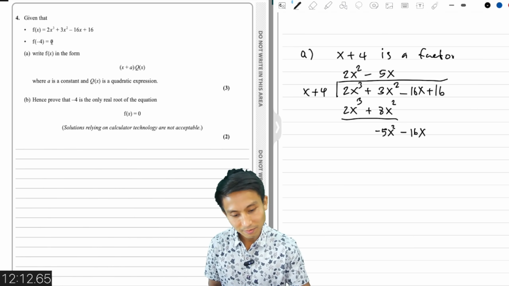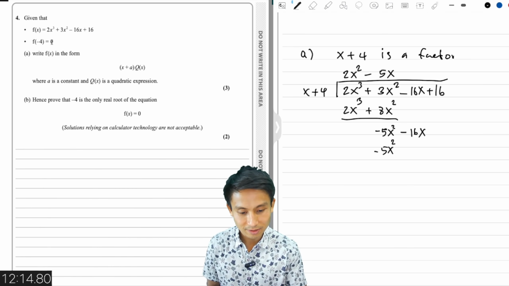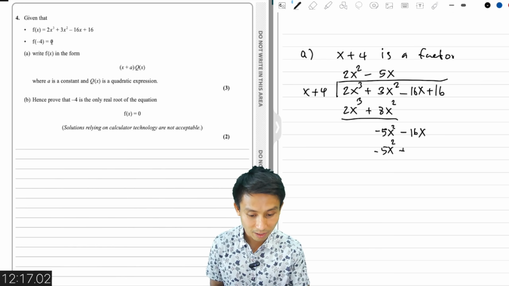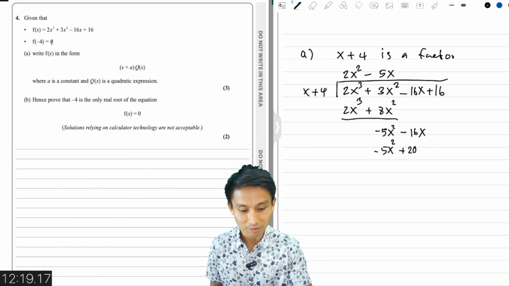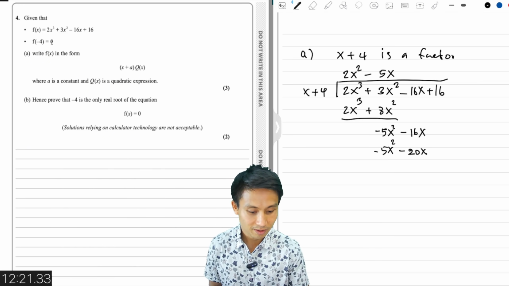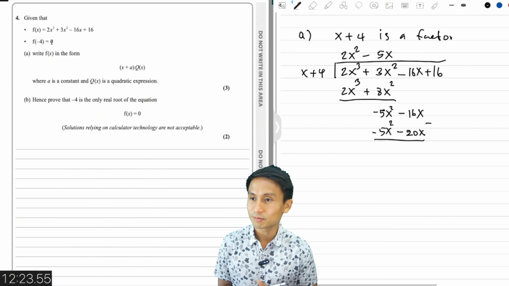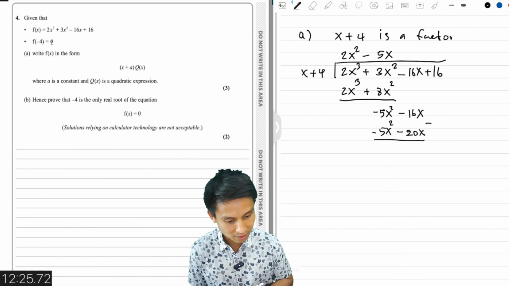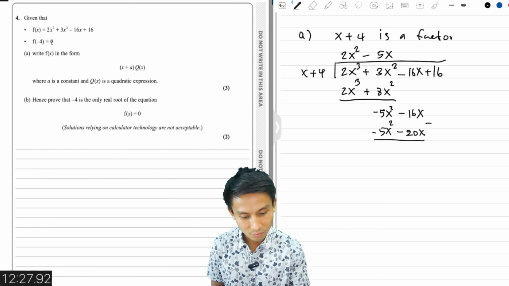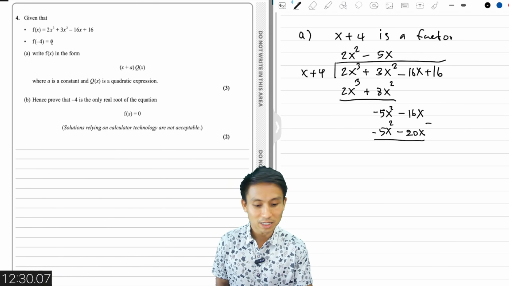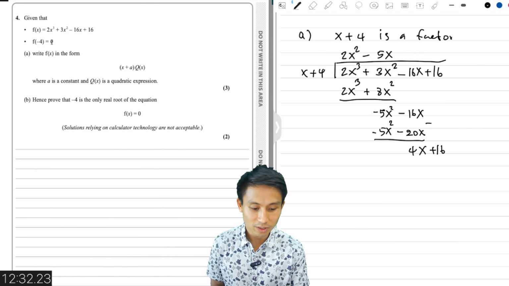Then multiplying back, I get minus 5x squared plus 20x. No, that's minus 20x. Then we subtract them. The minus 5x squared goes away, and then we have minus 16 minus 20 here, so it's 4x. Pulling that down.